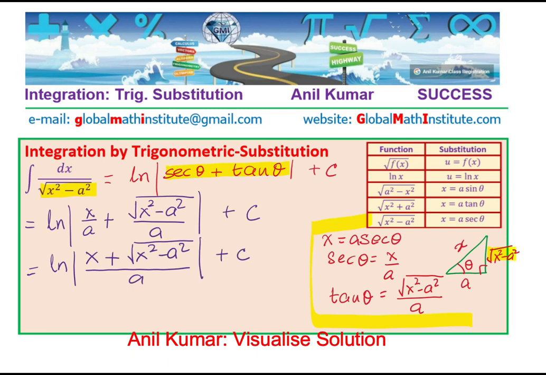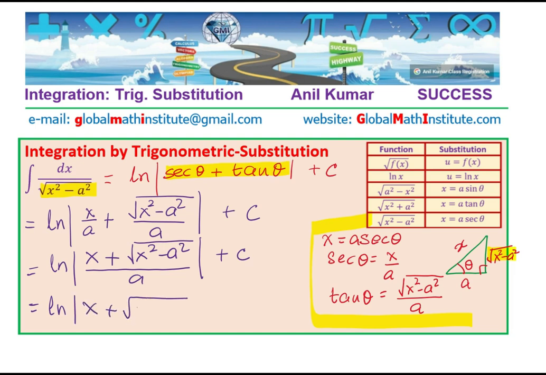And now we'll use the laws of logarithms to write the final answer, which is ln of x plus square root of x square minus a square, minus ln a, right, plus c. Is that clear to you? So that is how we are actually going to write down the solution. Perfect. It makes sense, right?